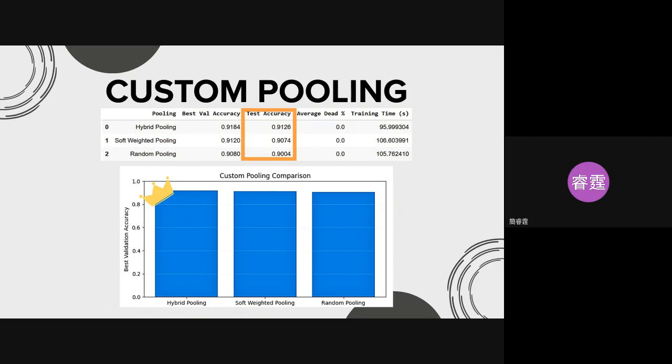You can see the difference between the 3 custom pooling methods in the chart below, and from the table, hybrid pooling achieved the best results. It has the highest validation accuracy and also the highest test accuracy, which is around 0.9126.